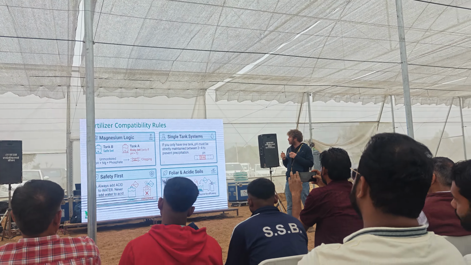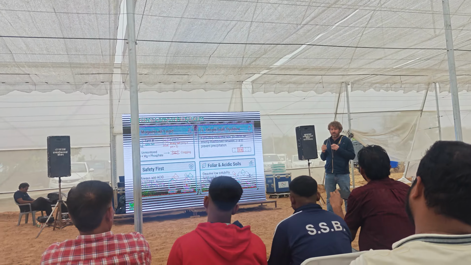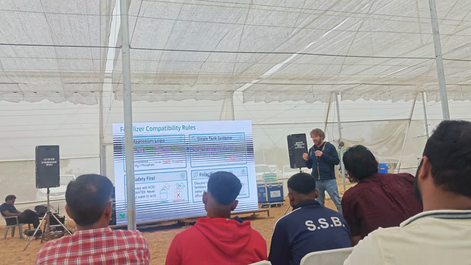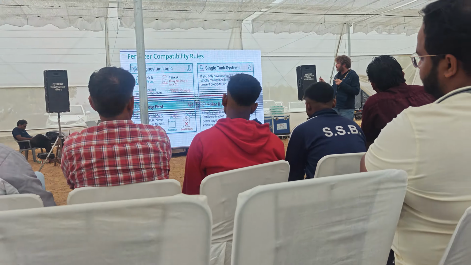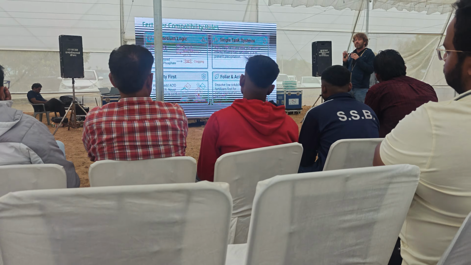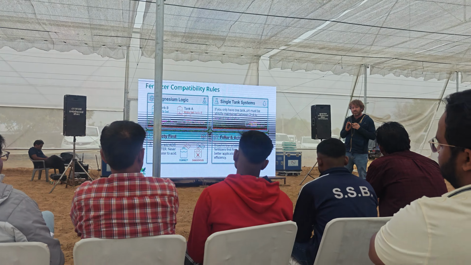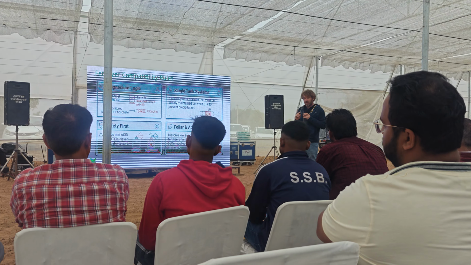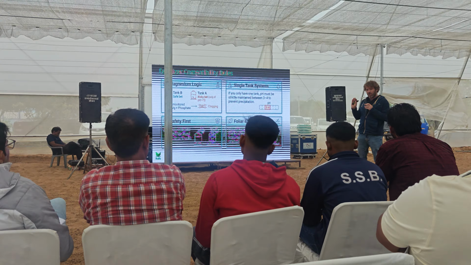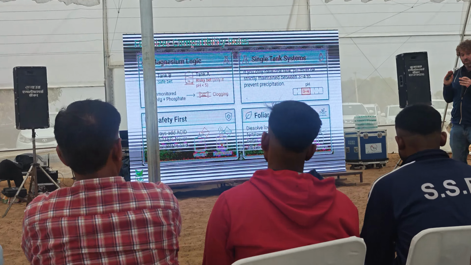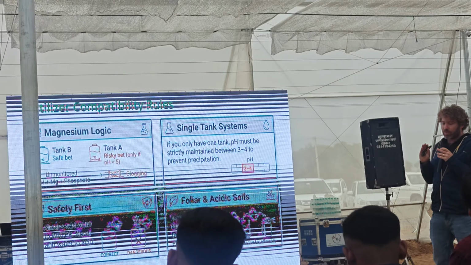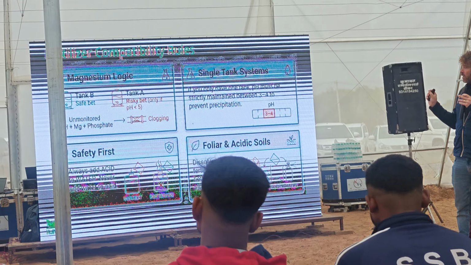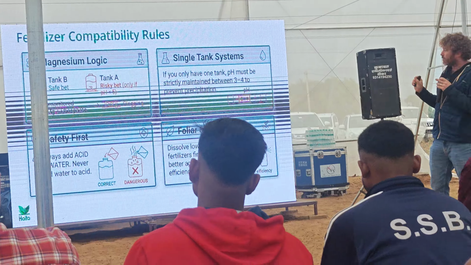If the pH is not under 5, you can get some sedimentation and precipitation in the tank. So magnesium can go in both tanks, but magnesium sulfate never goes with calcium, yeah? But magnesium nitrate, if you put it with phosphorus, you need to be sure the pH is under 5.